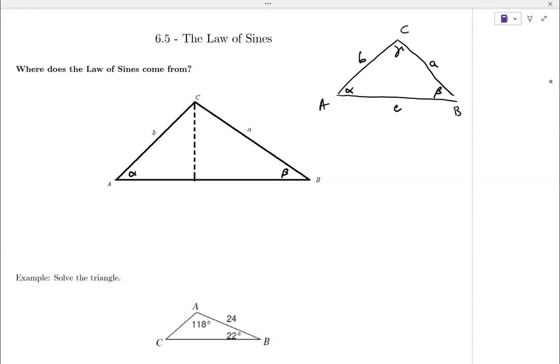The whole point of this is that you're going to be given some information about a triangle, and you want to figure out the rest of the information.